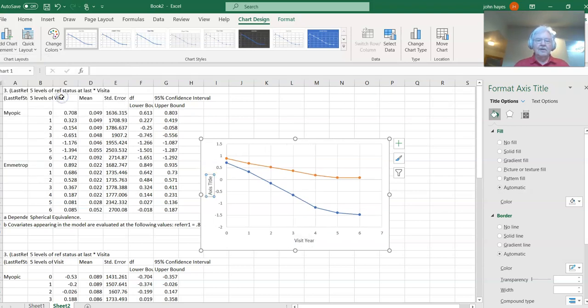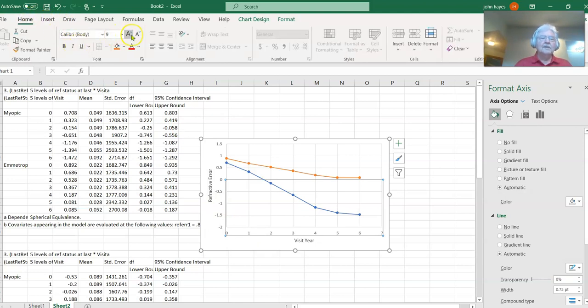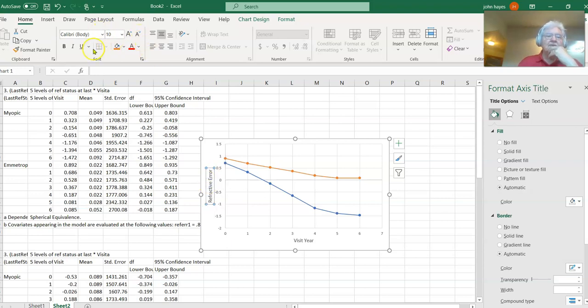The primary vertical is refractive error. And then some of the things that I did was I made that a little bit bigger to match, actually it's 8, match OBS standards. So for the numbers, they use 8. For the titles, they use 10 and bolded.